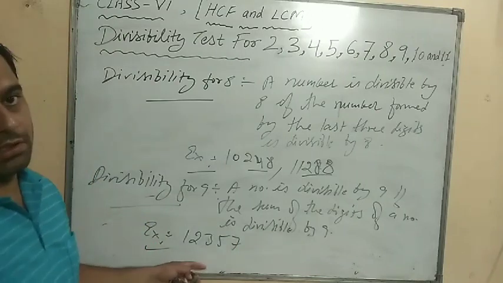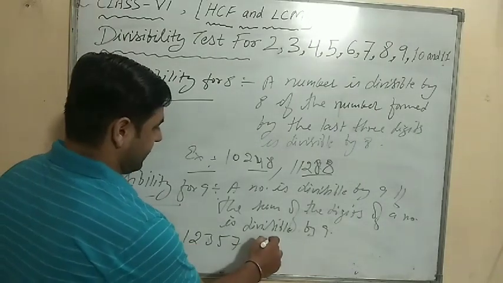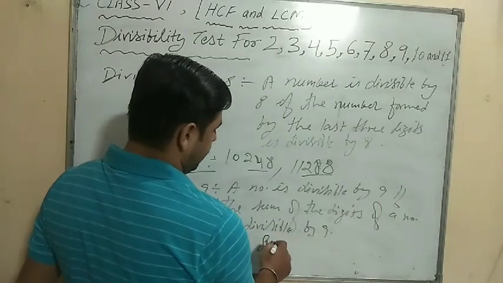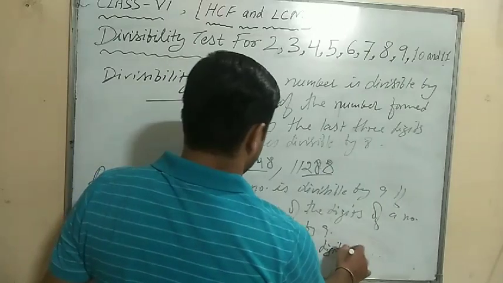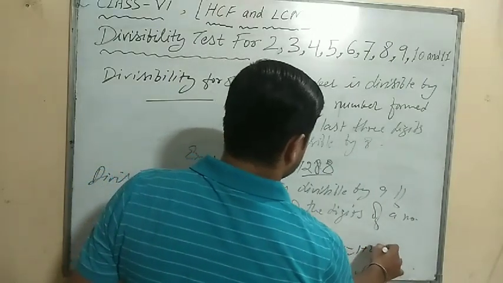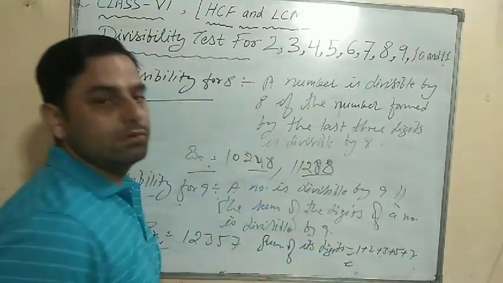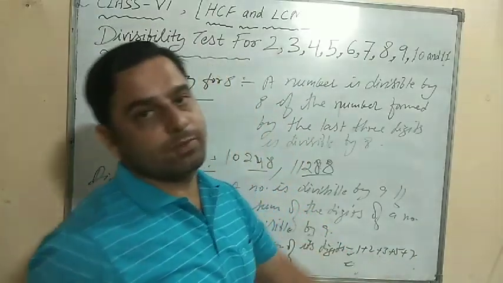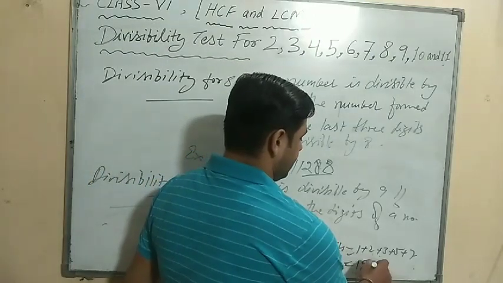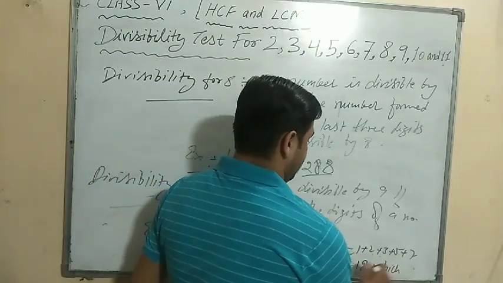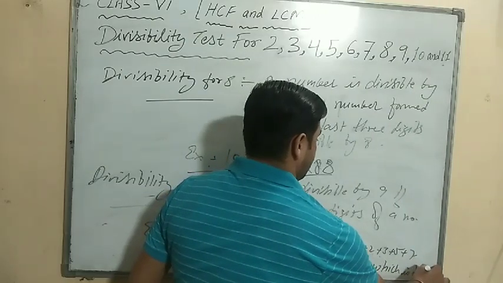12,357. So we can check the sum of its digits, that means 1 plus 2 plus 3 plus 5 plus 7. So 1 plus 2 is 3, 3 plus 3 is 6, 6 plus 5 is 11, 11 plus 7 is 18.